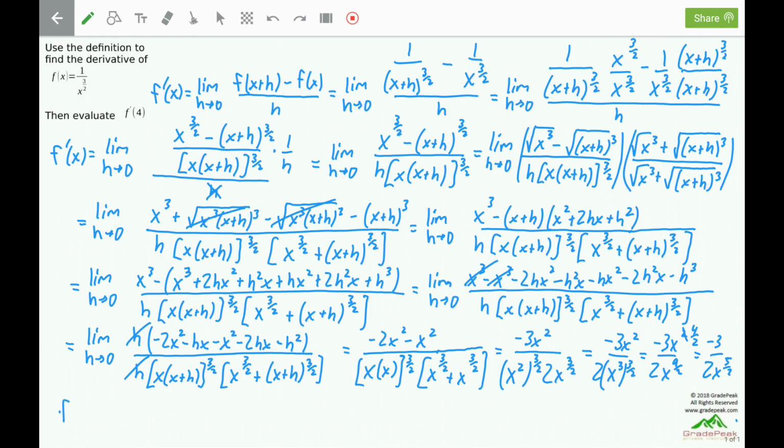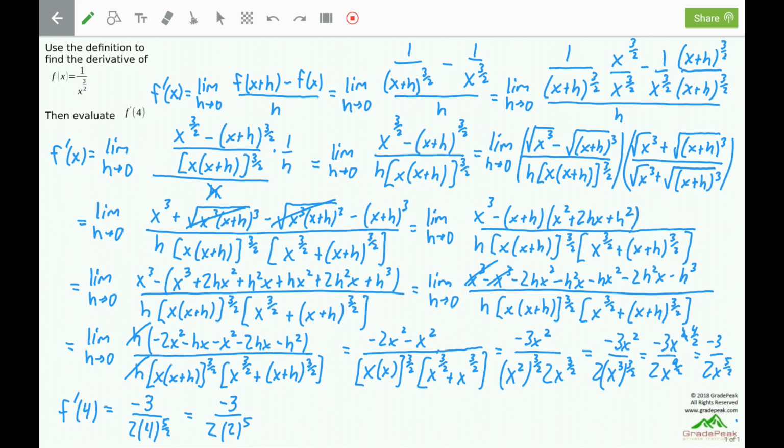The only other thing to do is evaluate f prime of 4. That will be negative 3 over 2 times 4 raised to the 5 halves. 5 halves means to take the square root of 4 and then raise it to the 5th power.